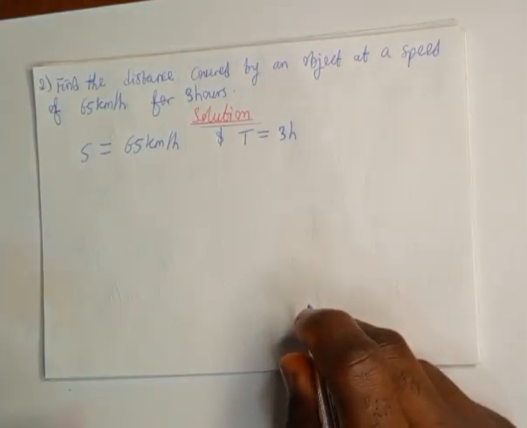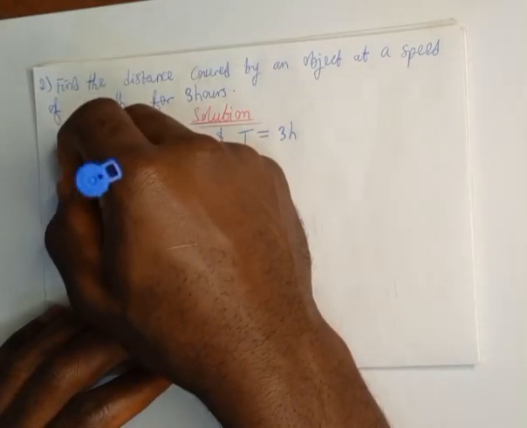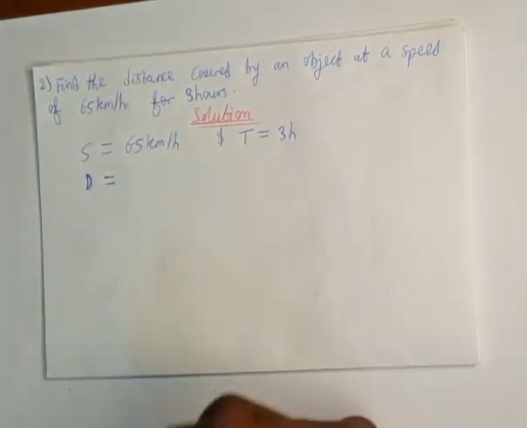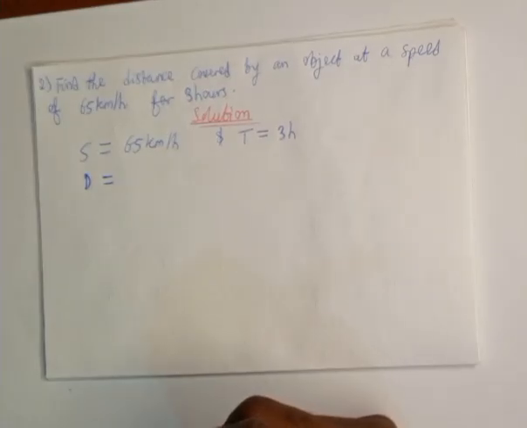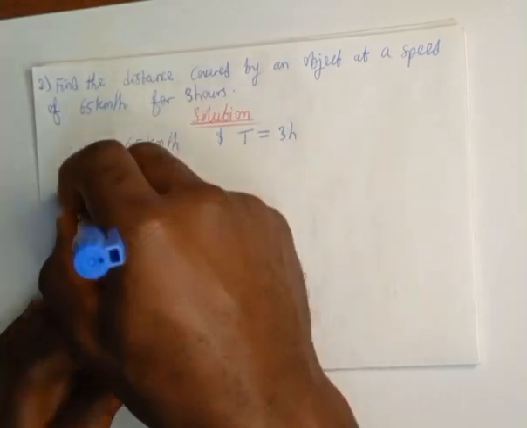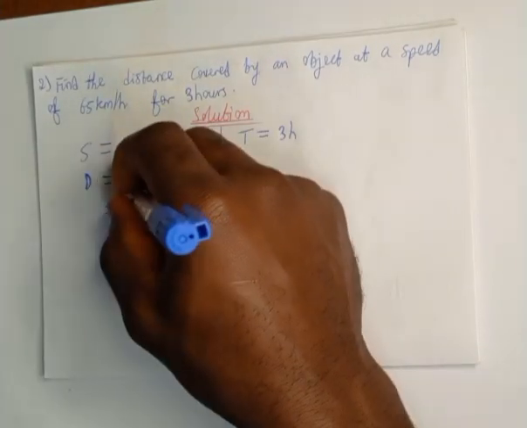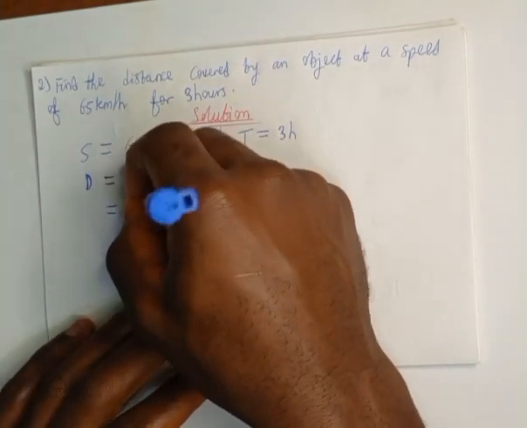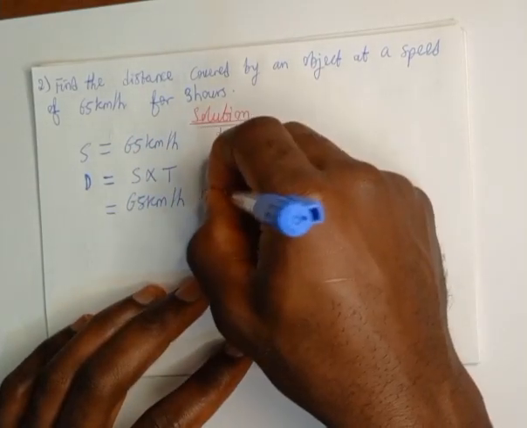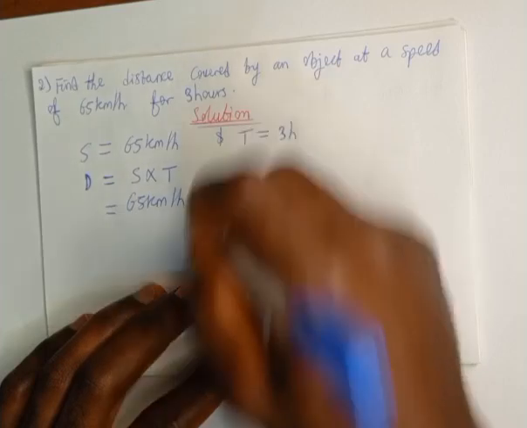We are required to calculate the distance covered by this object. And the distance covered by the object is simply equal to the speed times time, which is equal to 65 kilometers per hour times the time, which is in hours.